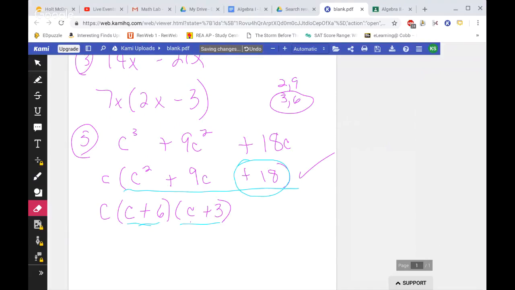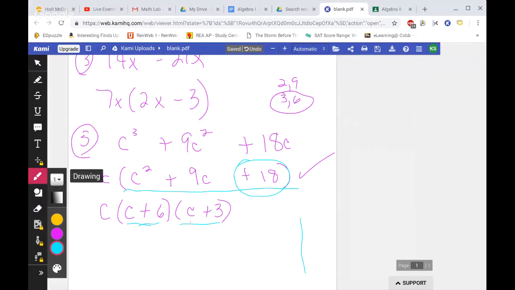So what you want to do is, I think there was somebody that actually does it like this. They do the multiplication on one side and the addition or subtraction of the factors on the other.